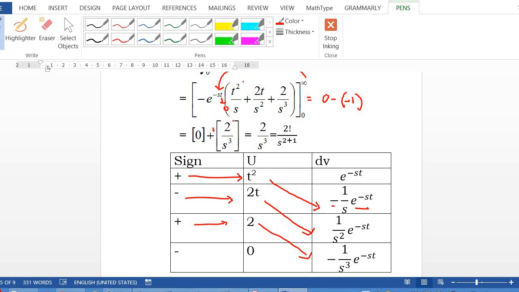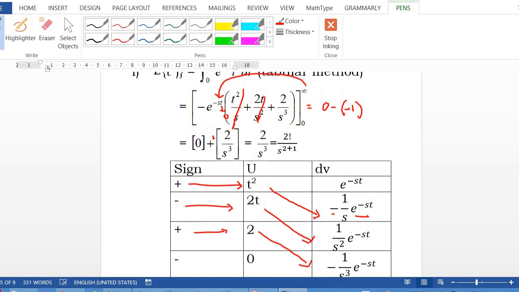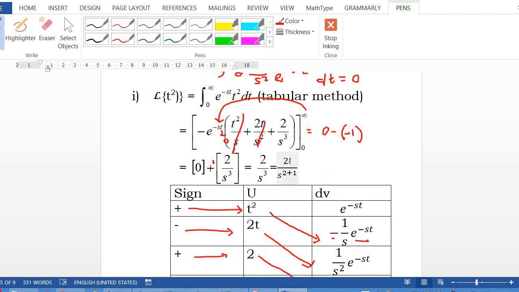Substitute t by 0, this term is gone, so you have 2 over s squared. Okay, 2 over s squared, 2 can be rewritten as 2 factorial. S to the power 3 is s to the power 2 plus 1. So the Laplace transform for t squared is 2 factorial over s to the power 2 plus 1.